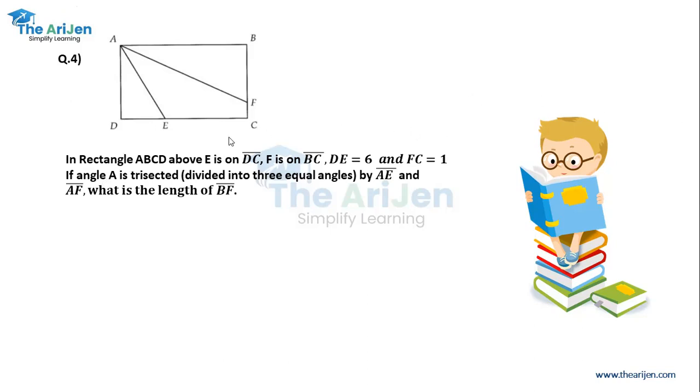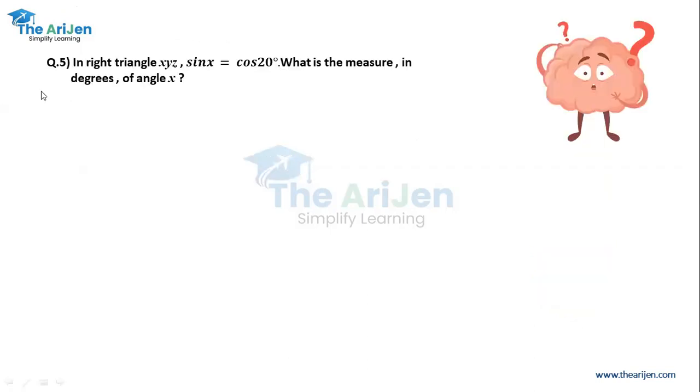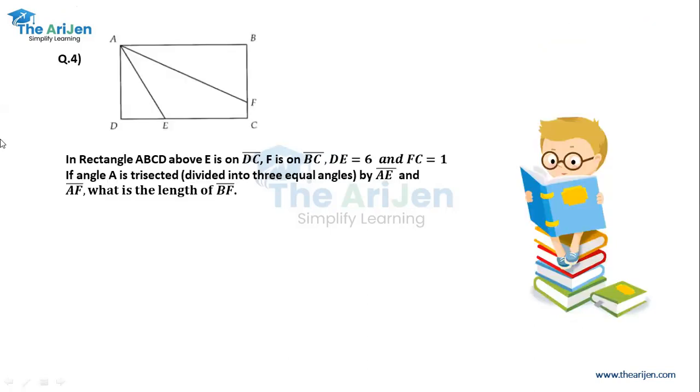Now D is 6. I'm writing these values. Just a second. It is 6, it is 1, and it is unknown. So we are taking x, and it is trisected, which means all these three values are out of 90. So it is 30, 30, right?